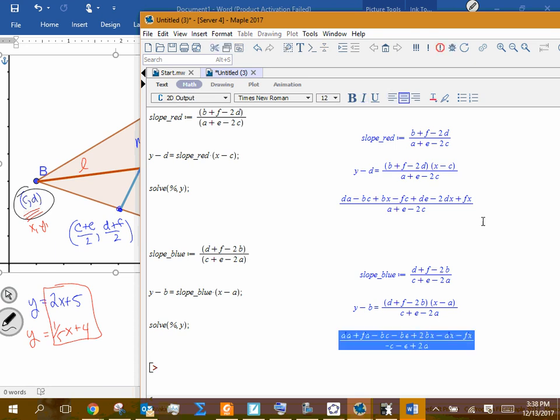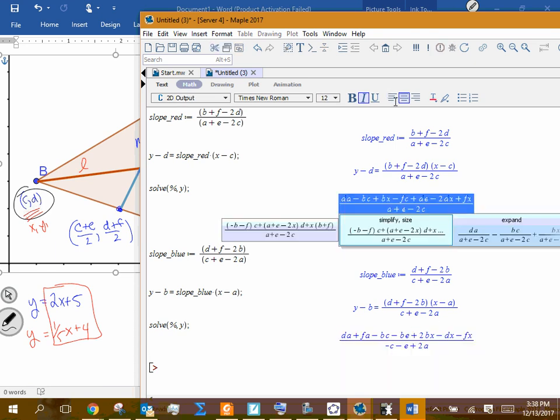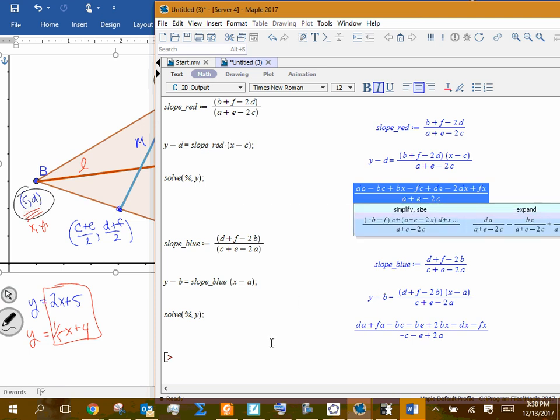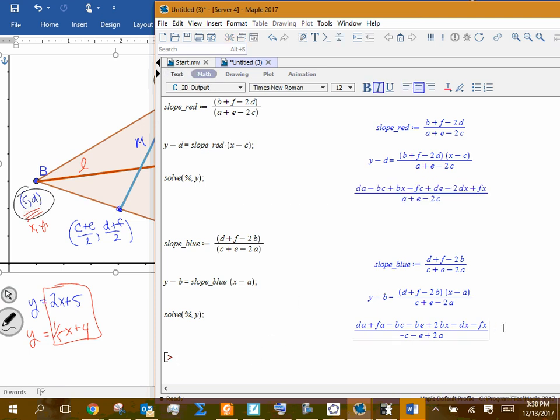So that's the blue line, that's the red line. Okay. Well, what we're trying to do then is we want this thing to figure out what the intersection of those two lines is. So we should be able to say solve. I'm just going to cut and paste this. So I'll take that expression. So this is the red line.